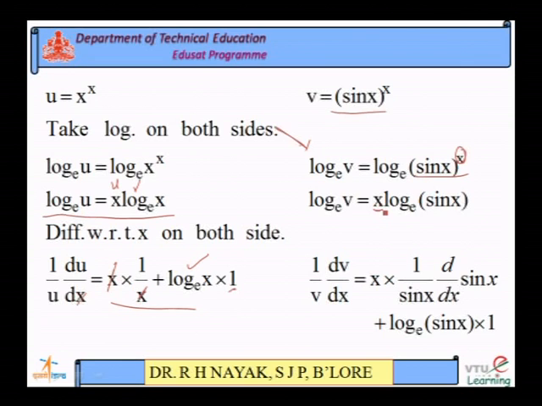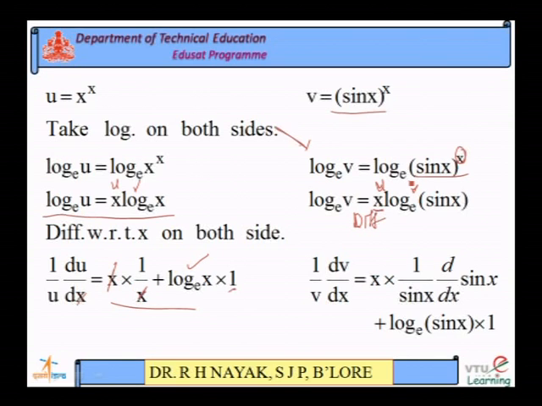You differentiate this with respect to x, then log v, it is 1 by v into dv by dx is equal to, again we have to use the product rule, x is u and log of sin x is taken as v.